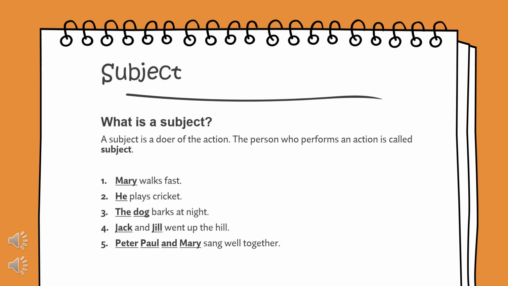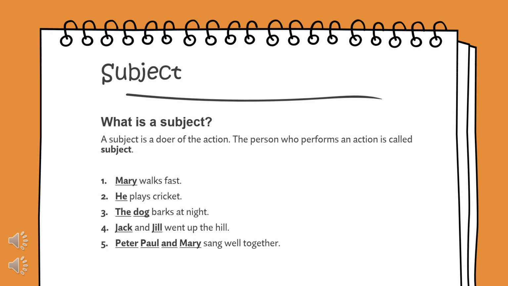Keep this in mind that the subject of a sentence can be singular or it can be plural. So in the first three sentences here, the subject is singular. Mary, he, the dog. These are the singular subjects. But Jack and Jill, it's a plural subject.